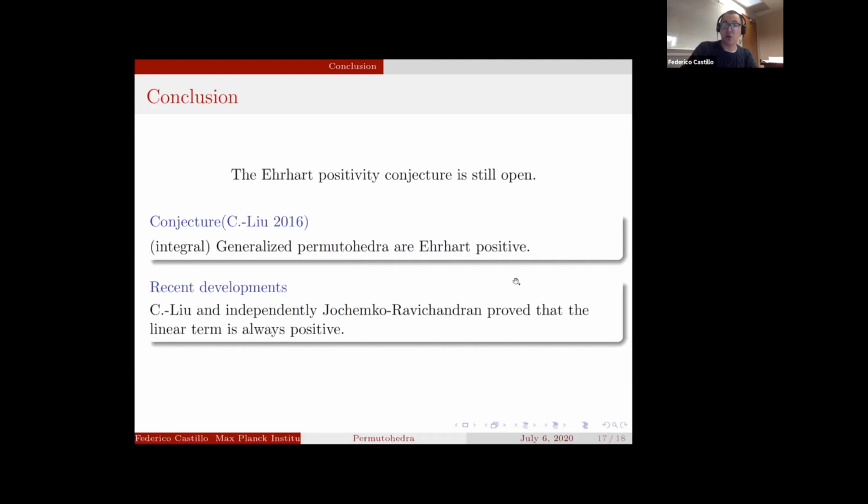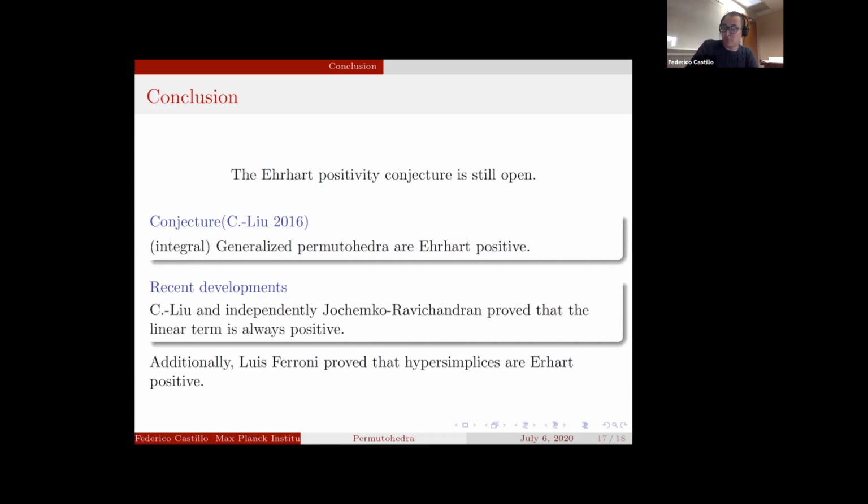And on the matroid case, very recently, Luis Ferroni proved that hypersimplices are Ehrhart positive, which means that uniform matroids are Ehrhart positive. And surprisingly, this was not known. This is something that a lot of people, me included, were trying to prove. There were formulas, but there was no way to prove positivity.